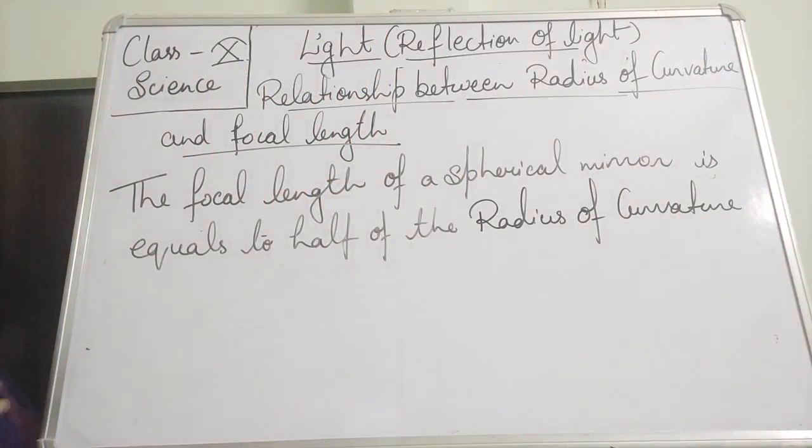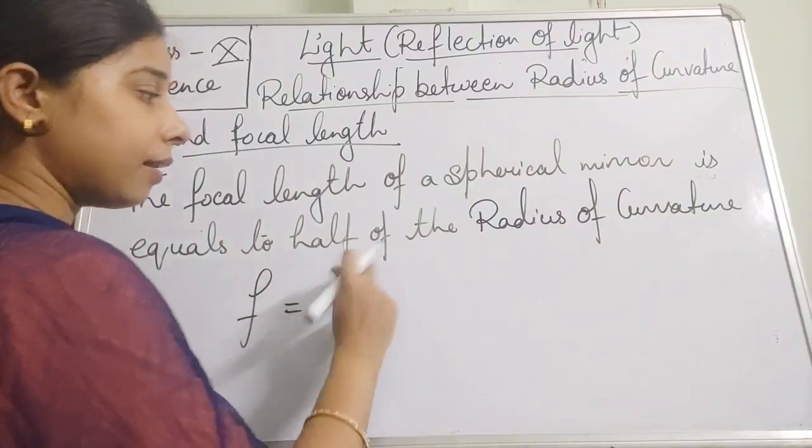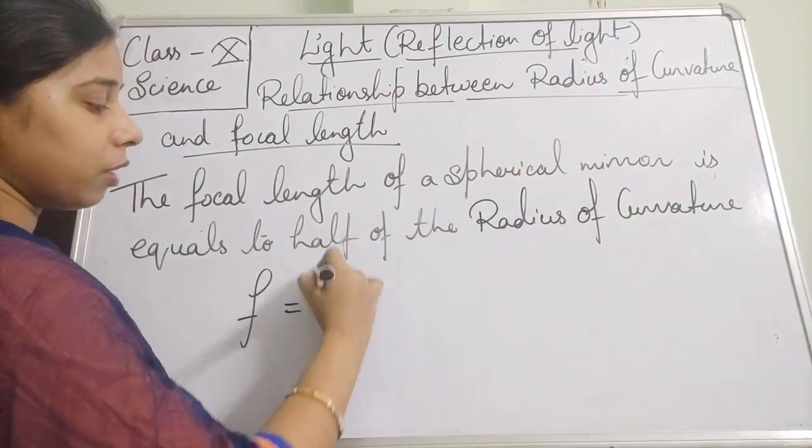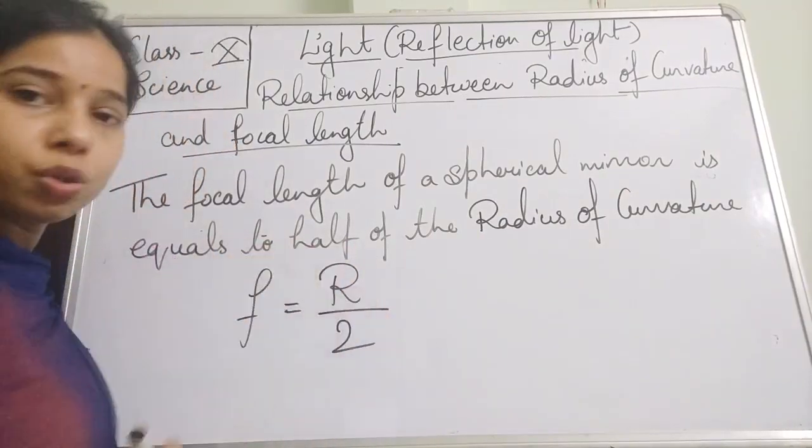So we can represent it as small f, the focal length, equals half the radius of curvature, which is represented by capital R, divided by 2.